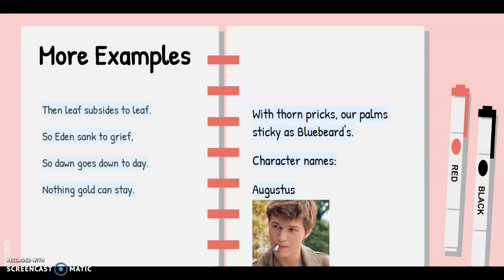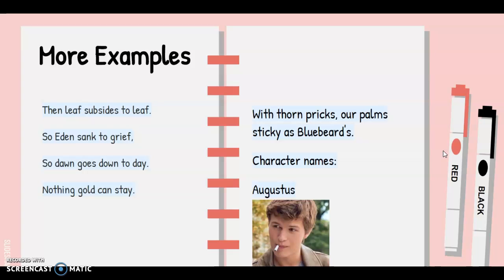So, an example of that: character names. So when a character's name seems either odd or familiar. If you've ever read The Fault in Our Stars or watched it, good movie, good book, just great all around, you might recognize this character down here, Augustus. Augustus's name is actually an allusion to the first Roman emperor. And this name, Augustus, relates back to another allusion in that story, which is the title, The Fault in Our Stars, which is a quote from Julius Caesar by Shakespeare, which is, of course, set in Roman times.